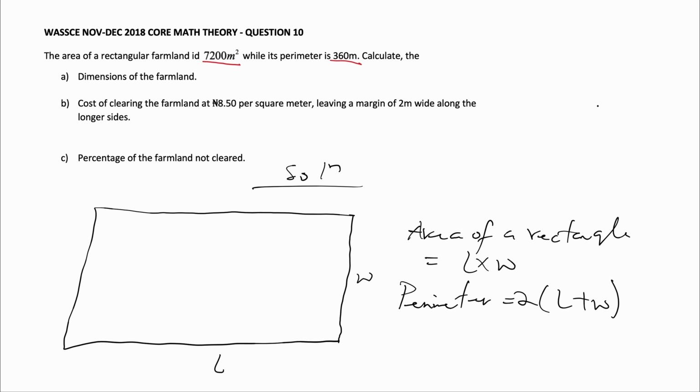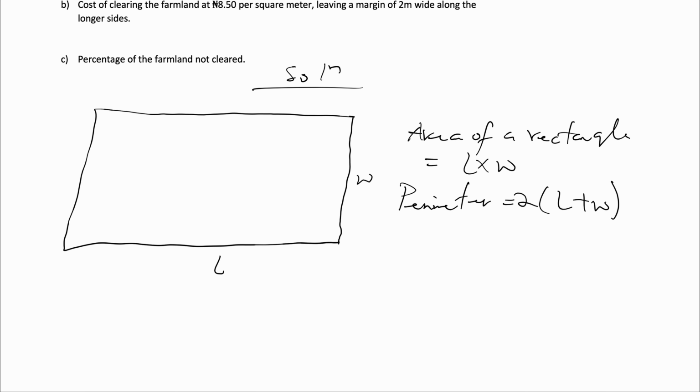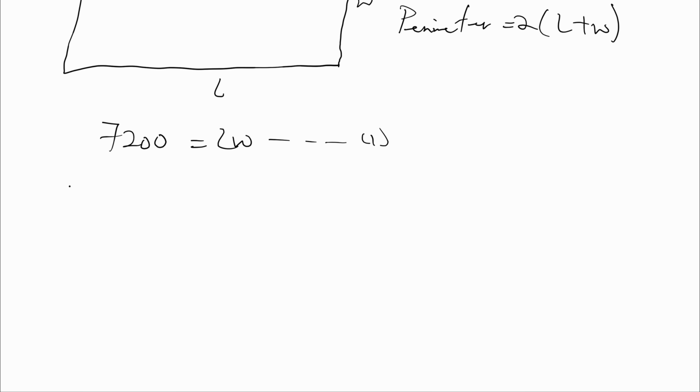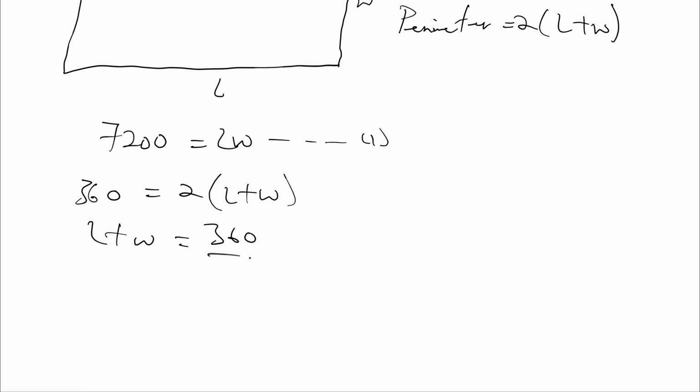So 7,200 is equal to the length times the width. This is equation 1. And the perimeter, 360, is equal to 2 times (L plus W). So L plus W will be equal to 360 divided by 2, which is 180. So L plus W is equal to 180, and this will be our equation 2.